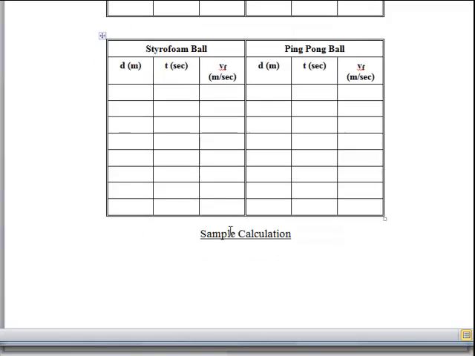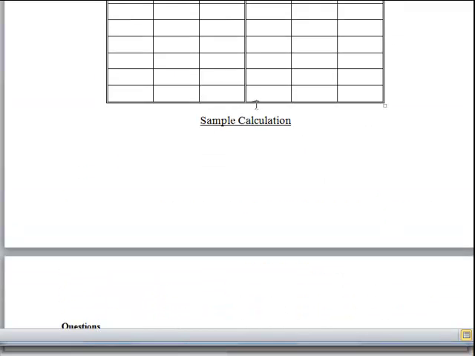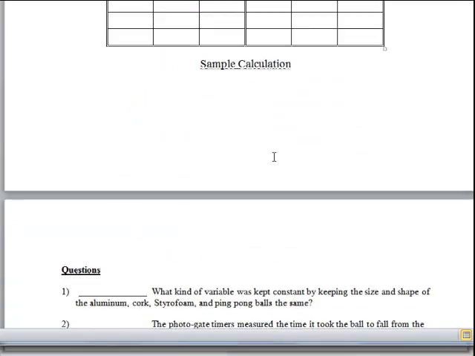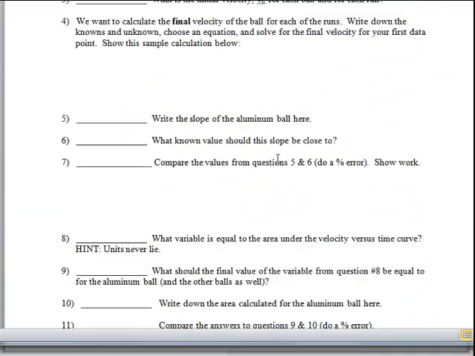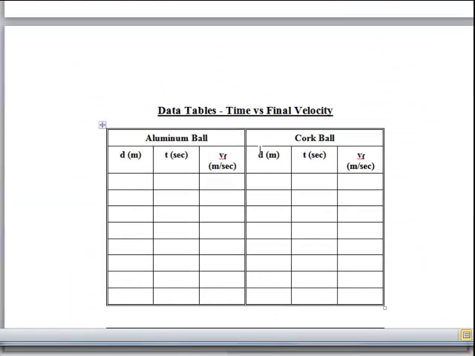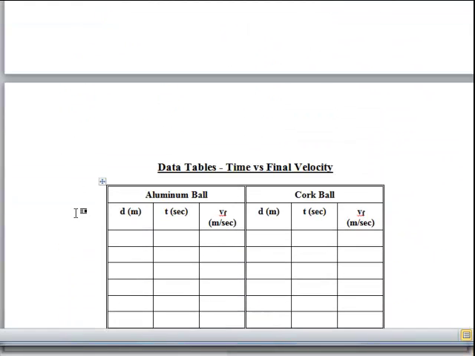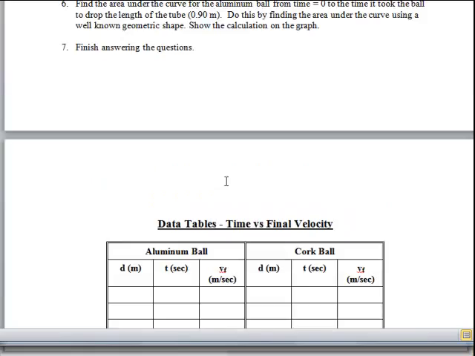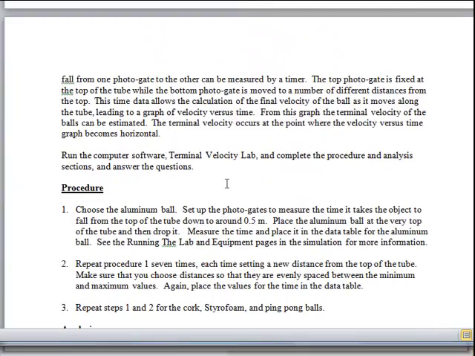Data tables: you can decide to give these out or not, or have your students make their own data tables. A set of questions. They will have to make a graph of the final velocity versus time, and they'll also have to do a calculation or a set of calculations to get the distance-time data into the final velocity of the balls as they fall down the tube.